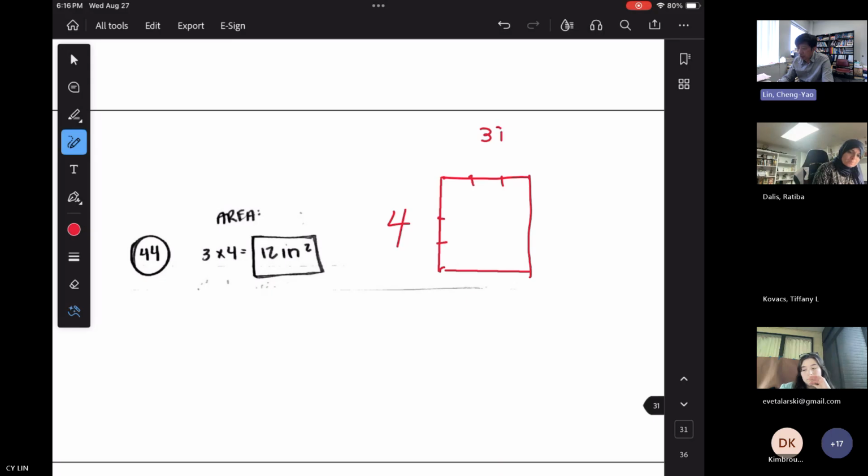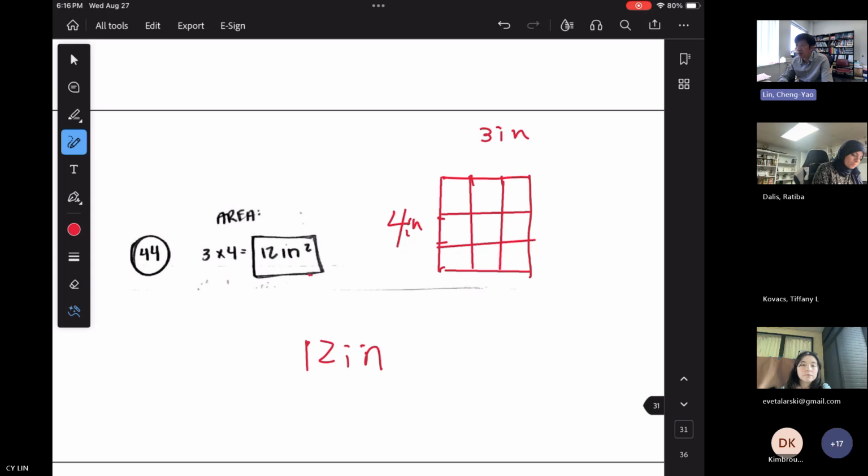So 3 inches like this, 4 inches like this. So the area is like this. So the answer is 12 inches, or 12 inches squared.